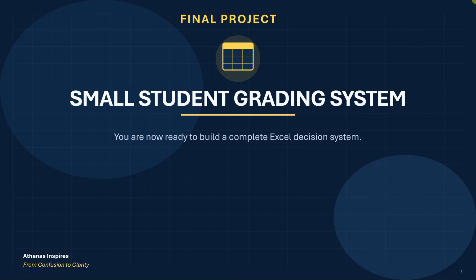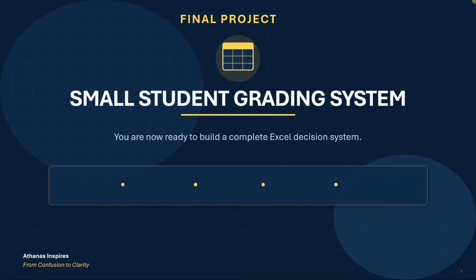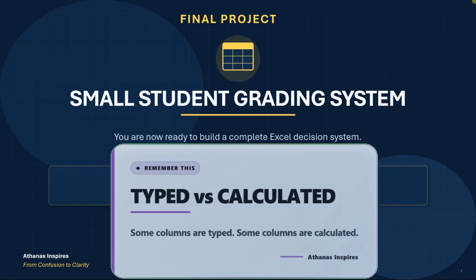You have already learned the pieces. Now we are going to connect them. Some columns will contain information we type. Other columns will contain answers Excel calculates. Remember, some columns are typed and some columns are calculated.